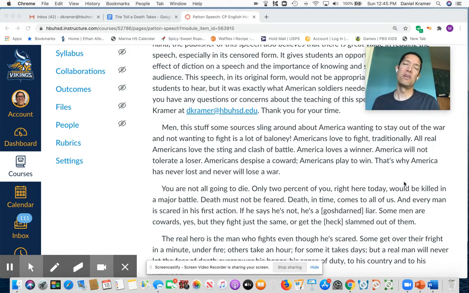So he's purposely not using, or maybe doesn't even know about, parallel structure. This is not parallel structure, I don't think, because all the structure is very mixed here. I mean, America loves a winner. Americans, no, even that's not the same. So there's no parallel structure, but certainly the repetition of the word America.